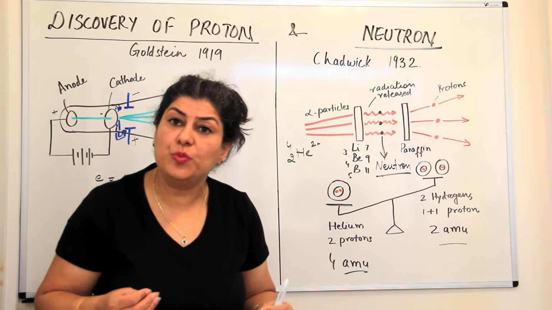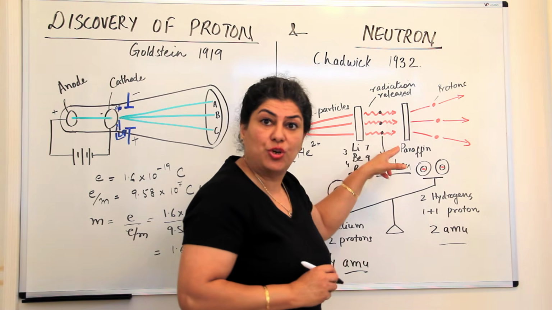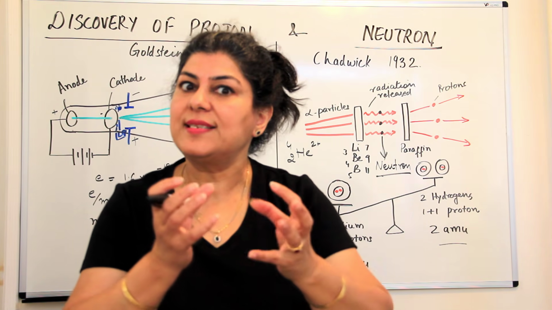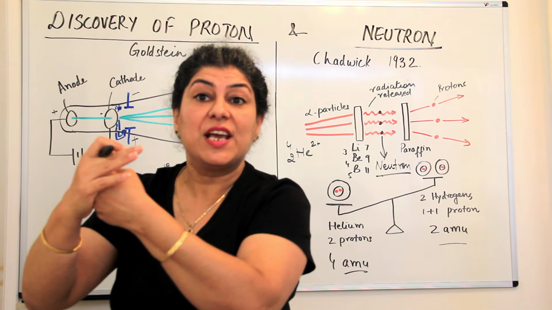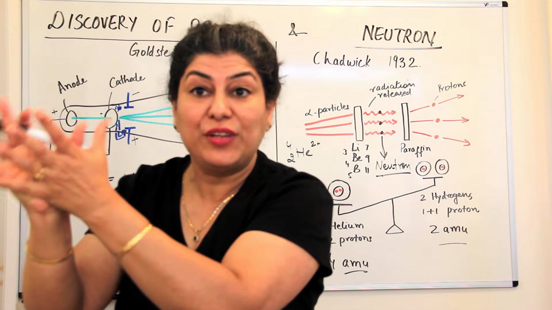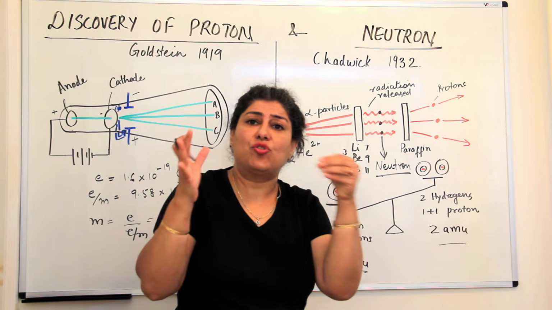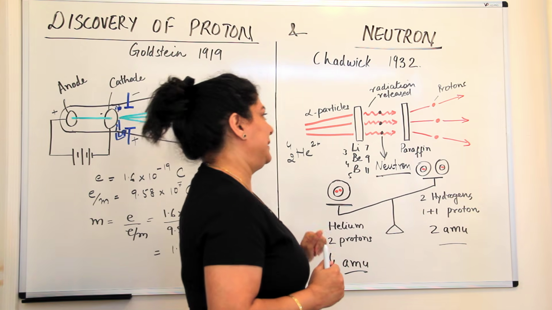If protons were released from the paraffin, whatever this radiation was, it consisted of particles which in mass and size should have been equal to a proton. If it was a smaller particle like an electron, it wouldn't have been possible to push out the proton like that.